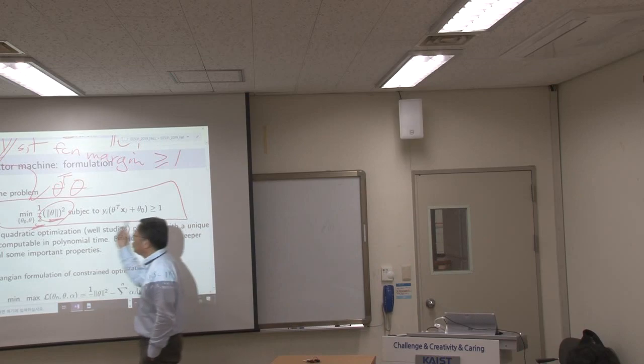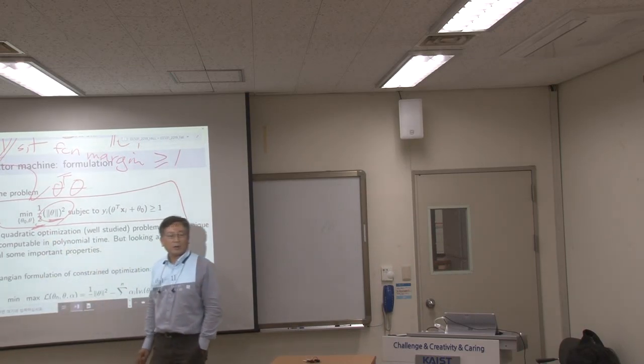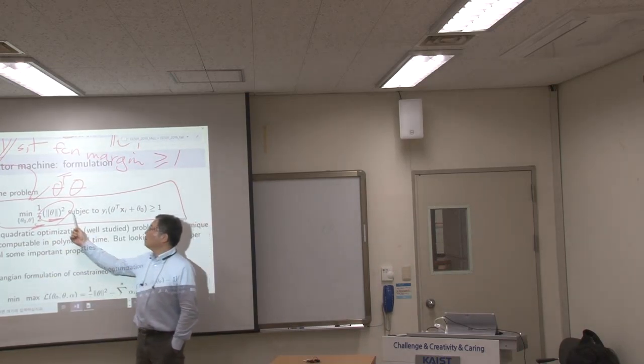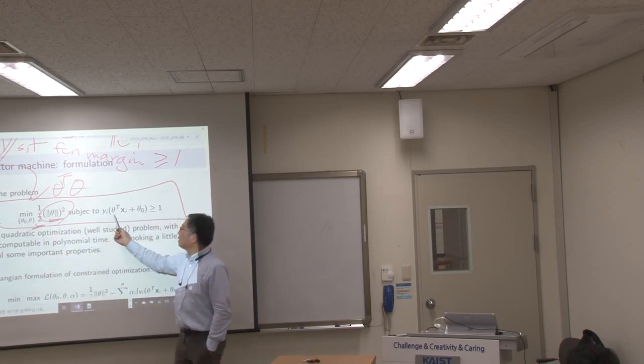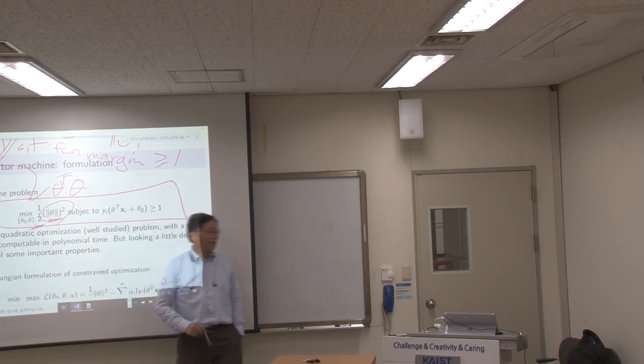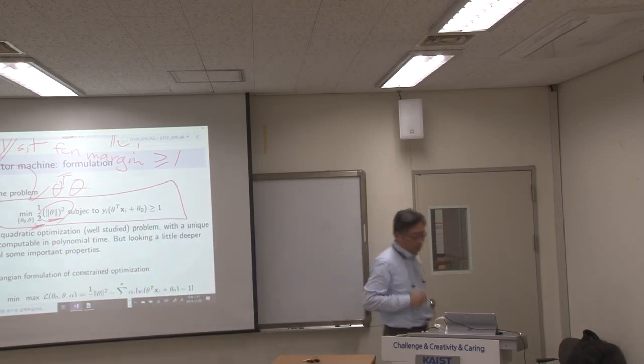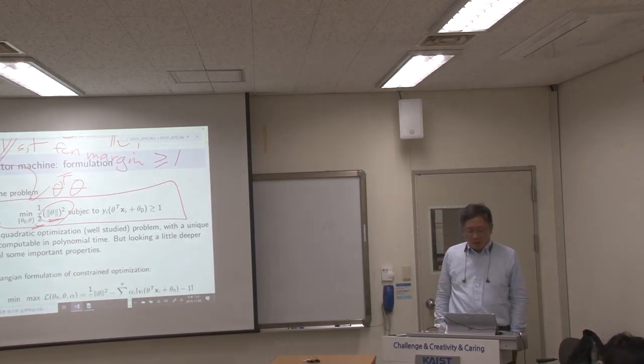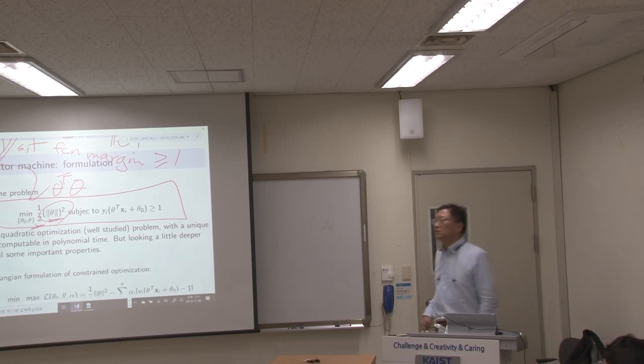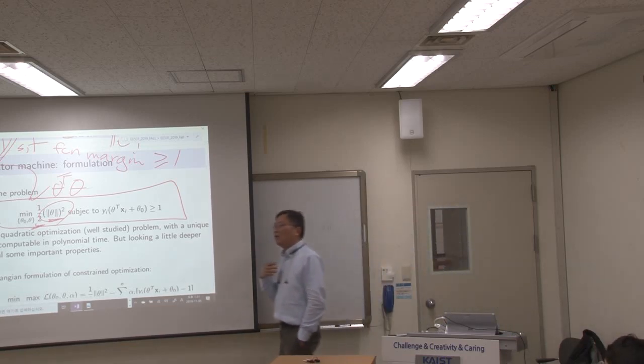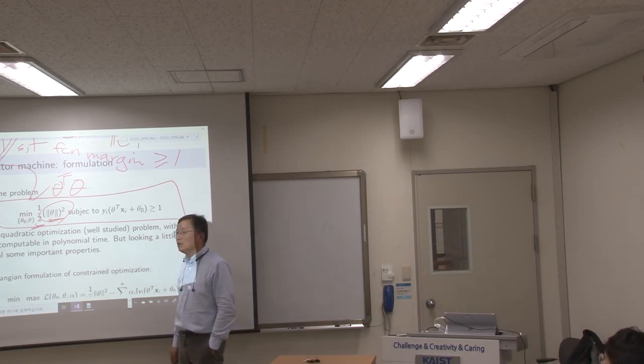This is support vector machine. Okay? Minimize this, subject to that. Oh my goodness. How do you do this? We've seen something like this in regression.